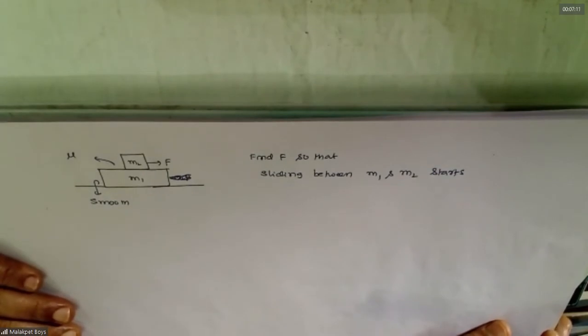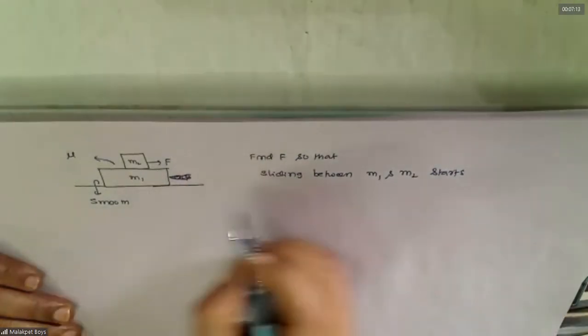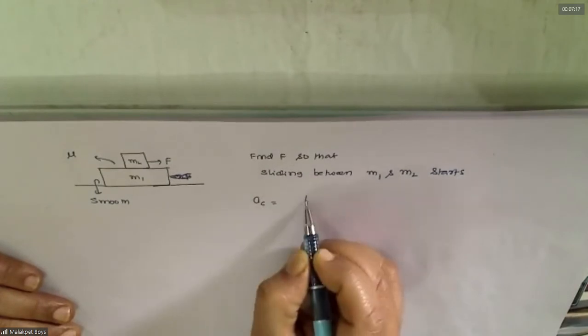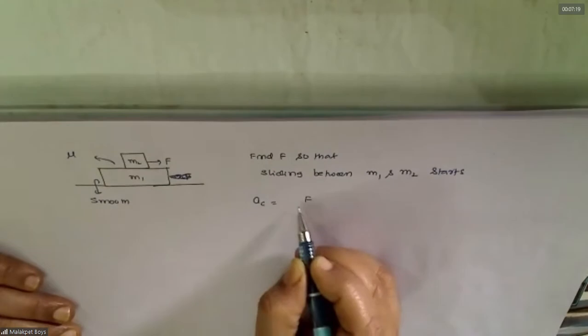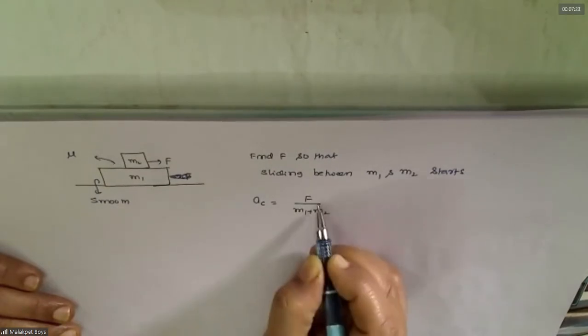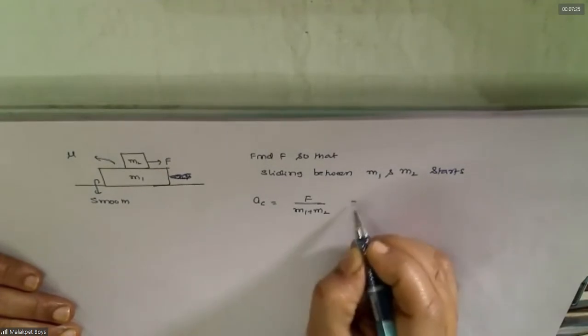So we can see that we will first find the common acceleration, because this surface is smooth. This is the common acceleration.